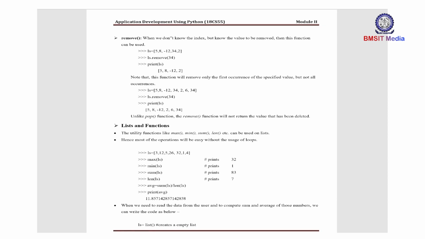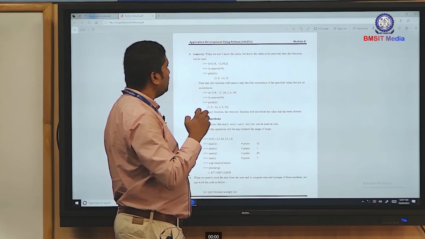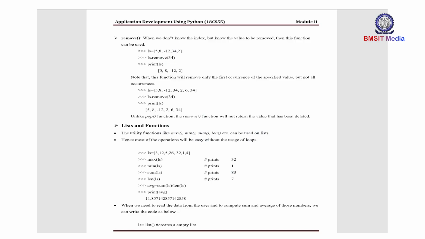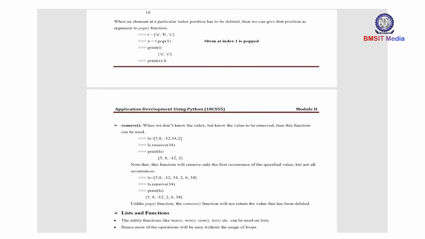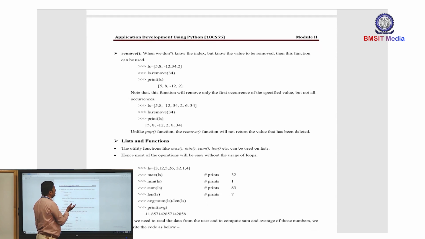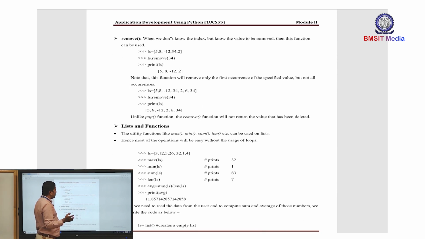Next, I can use the remove function. Okay. So when to use remove and when to use the pop function: the pop function can be used if you know the index value. Just observe here. If you know the index value, you can use this. Fine. So suppose you don't know the index, but you know the value, you know that that value is present in the list.